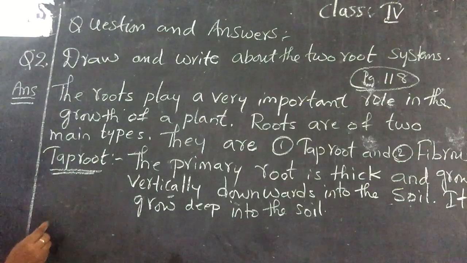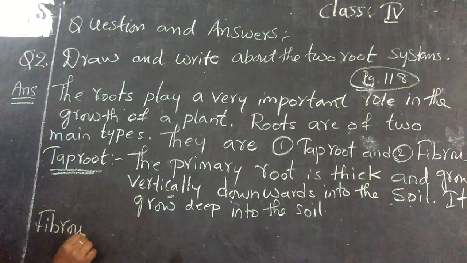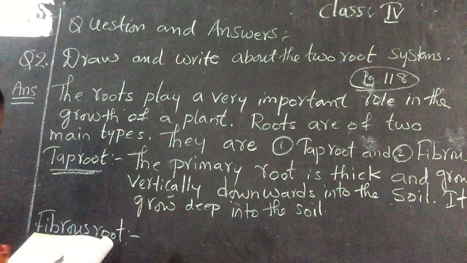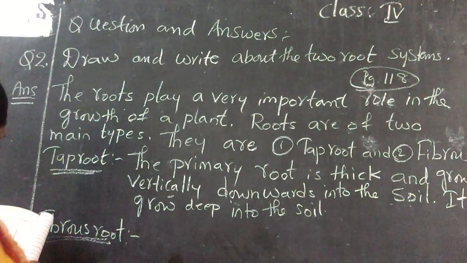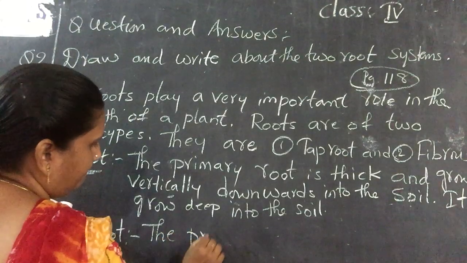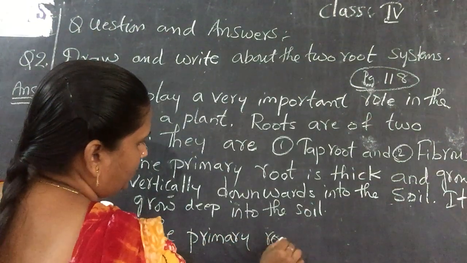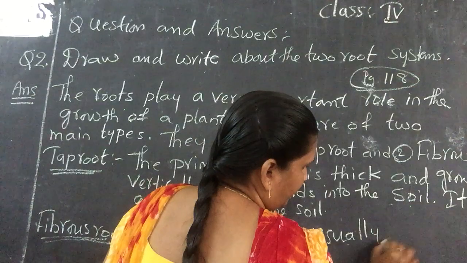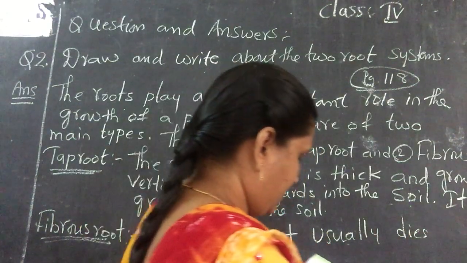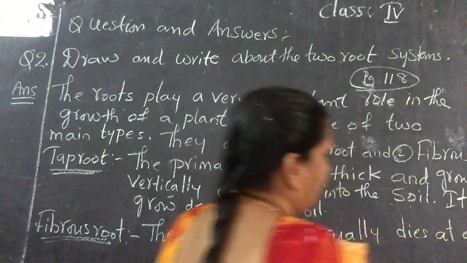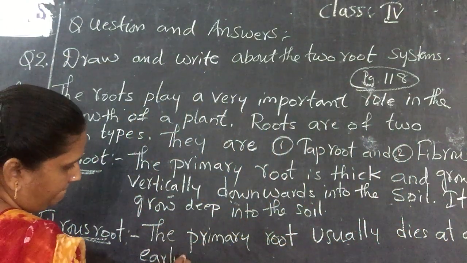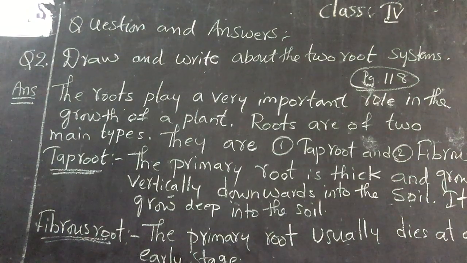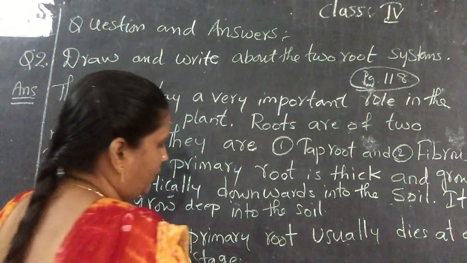Okay. Next, second one, fibrous root. The primary root usually dies at an early stage.